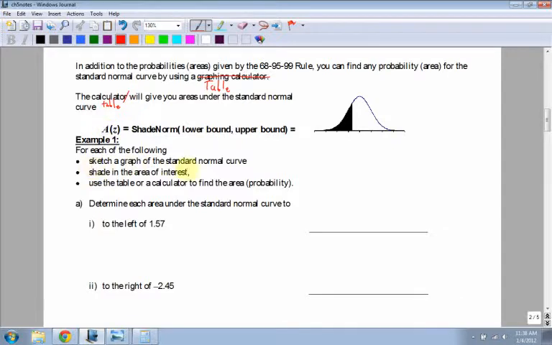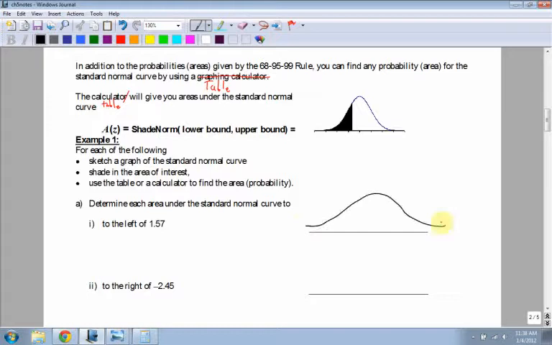So, first thing, sketch a graph of the standard normal curve, shade in the area of interest, and use the table or calculator, so we're going to use the table to find the area. Okay? So we have to determine the area under the standard normal curve to the left of 1.57. So what I would do is I would have my curve.